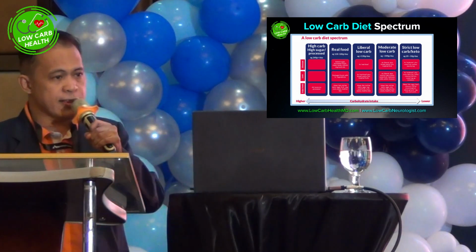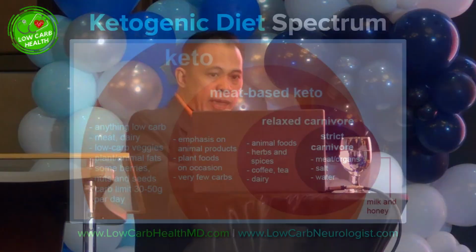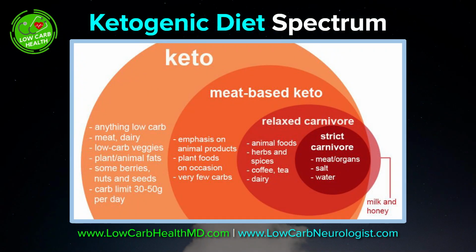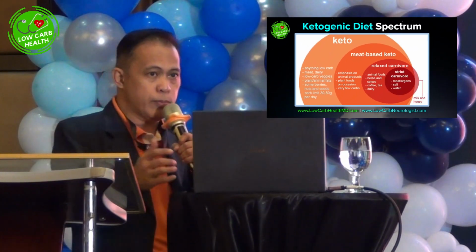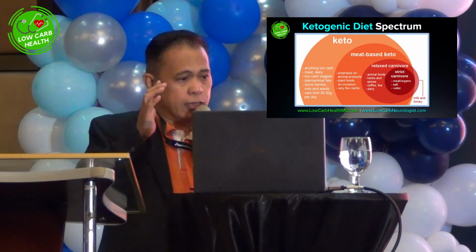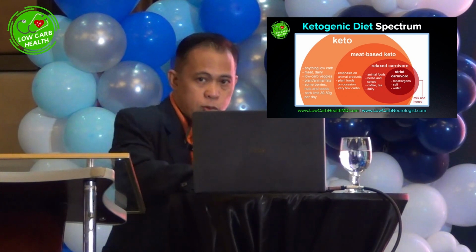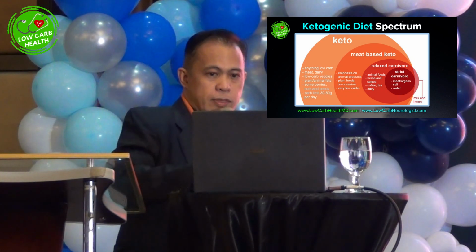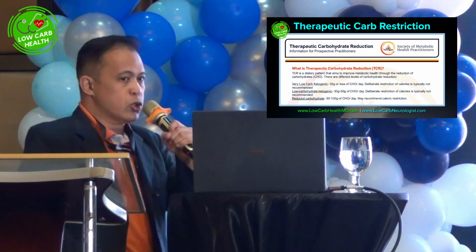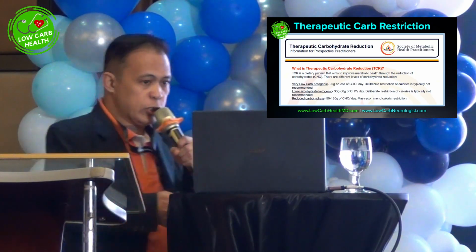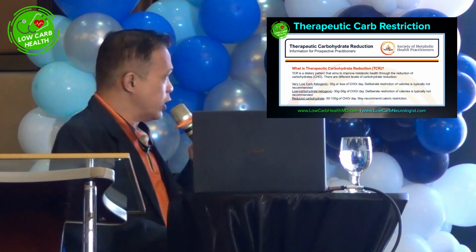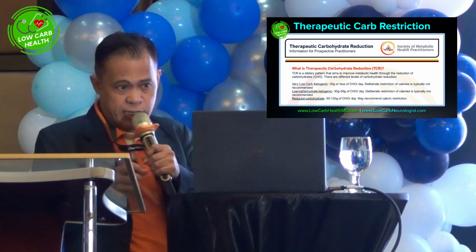The ketogenic diet is also part of this spectrum. The most strict kind of ketogenic diet would be the strict carnivore dieters, who only eat meat products and eggs. In that way, they can really restrict carbohydrate to very low levels. And the Society of Metabolic Health Practitioners has this definition of the low carbohydrate ketogenic diet.